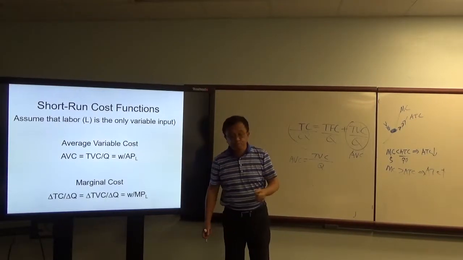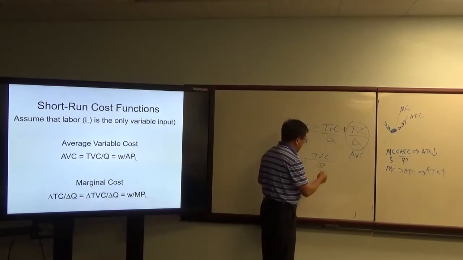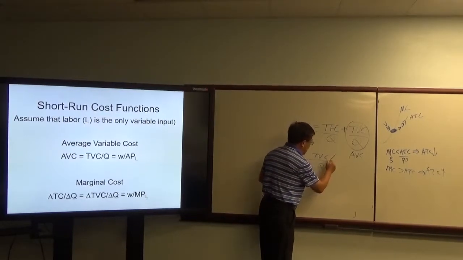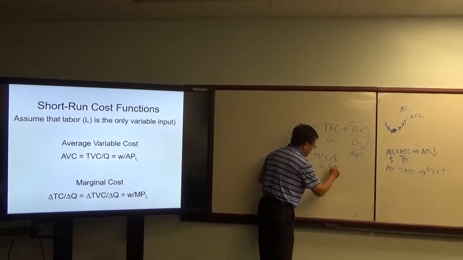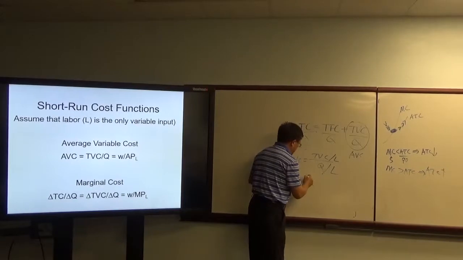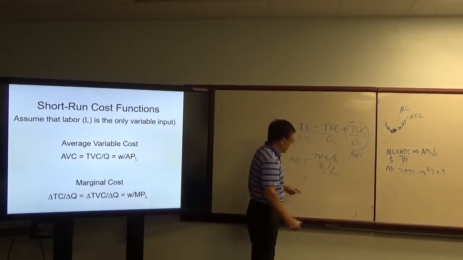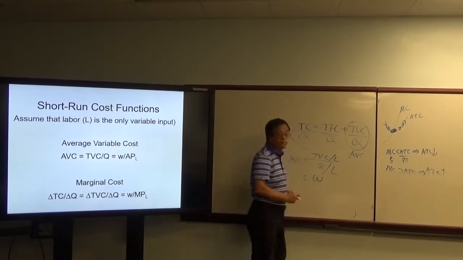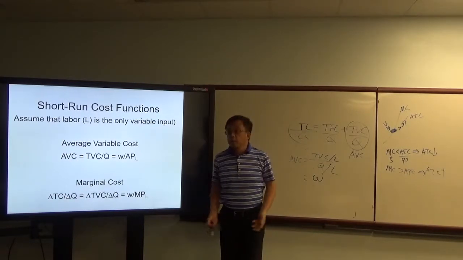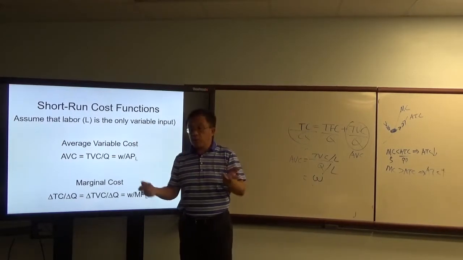If in the numerator I divide by L, then the top is the total variable cost divided by L, which is basically the wage rate, assuming the wage rate is constant for everyone.